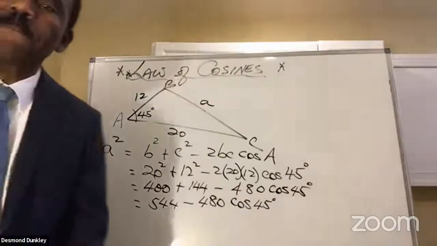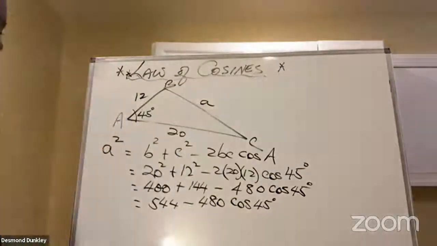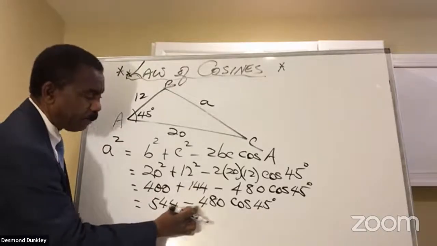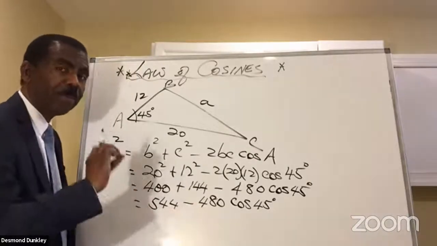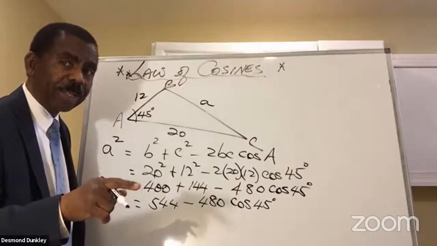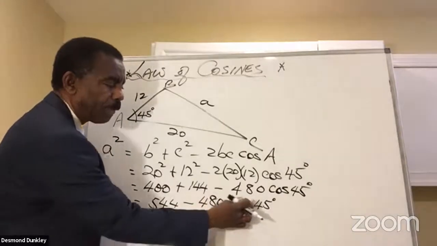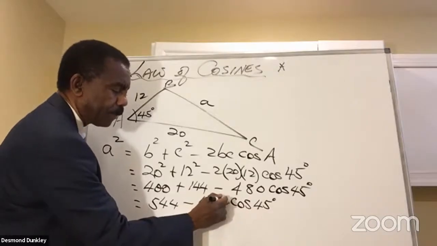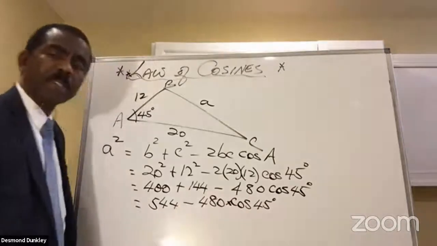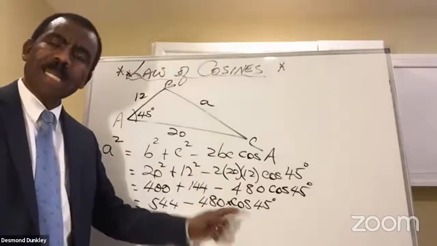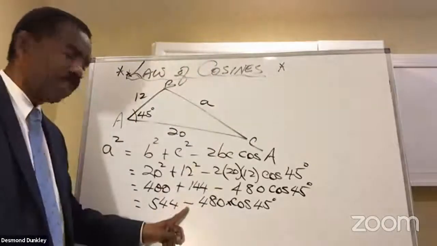Let me point out a very, very common mistake. Many students will be tempted to do the subtraction here, but you can't do that. It's illegal, because 480 cosine 45 means 480 times cosine 45. That's a multiplication, and according to the order of operations, multiplication has a higher priority than subtraction.